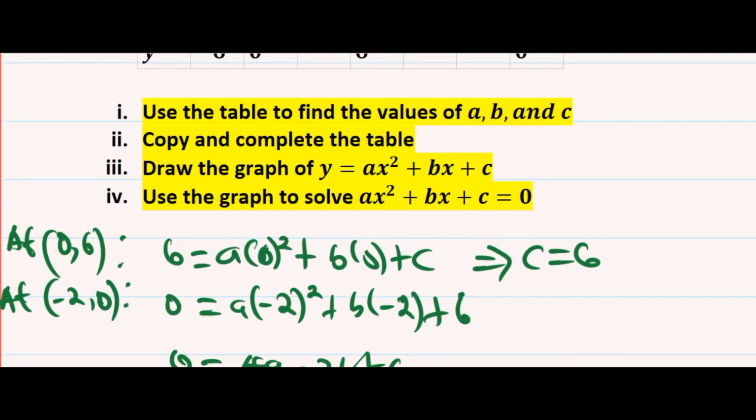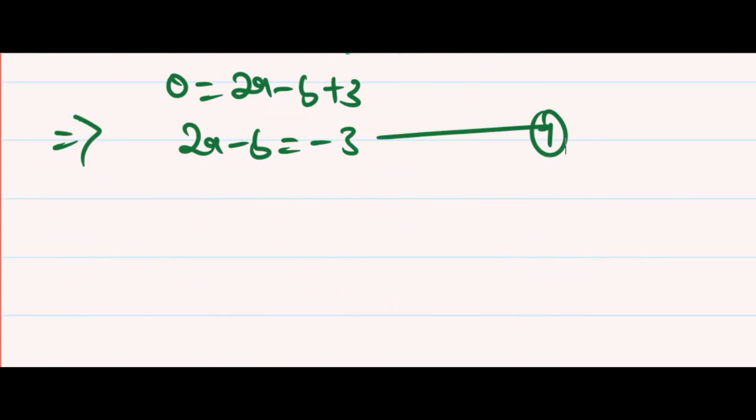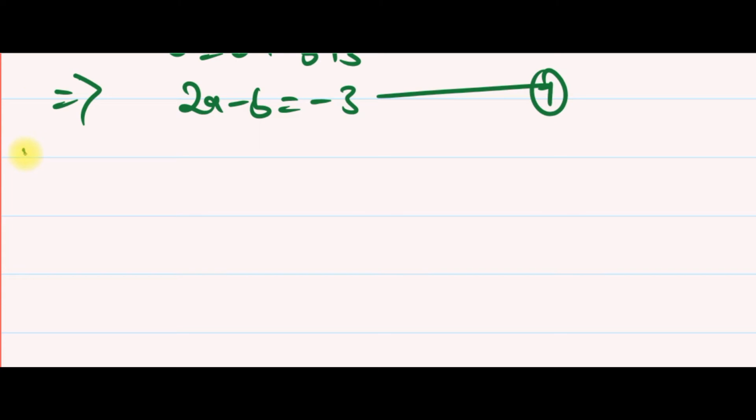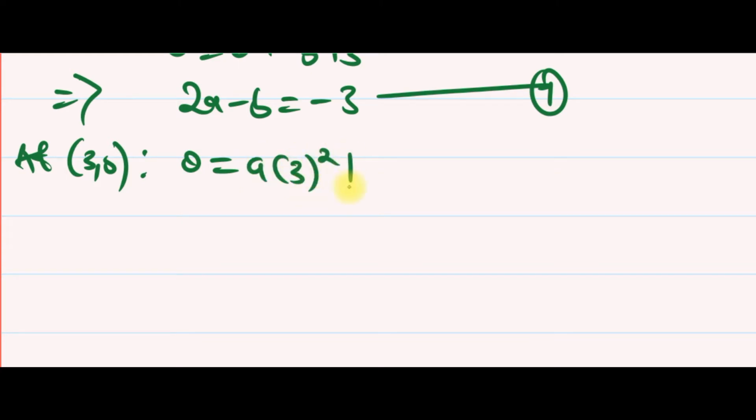We now check the other one, which is 3 comma 0. So at 3 comma 0, y is 0, x is 3. So 0 equals a times 9 plus b times 3 plus, remember, c is 6.